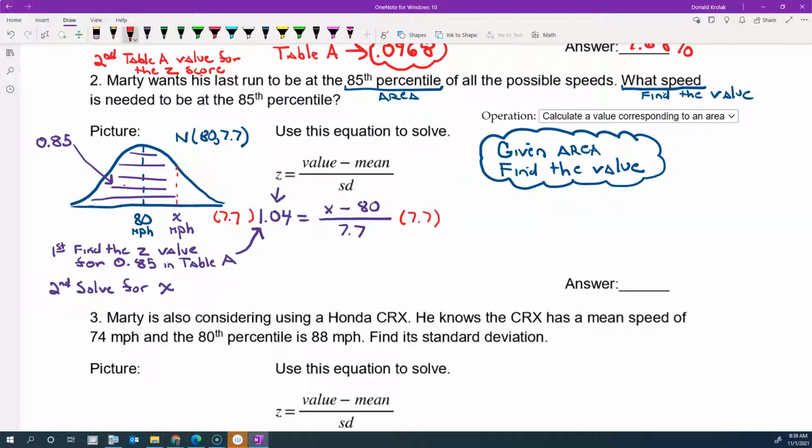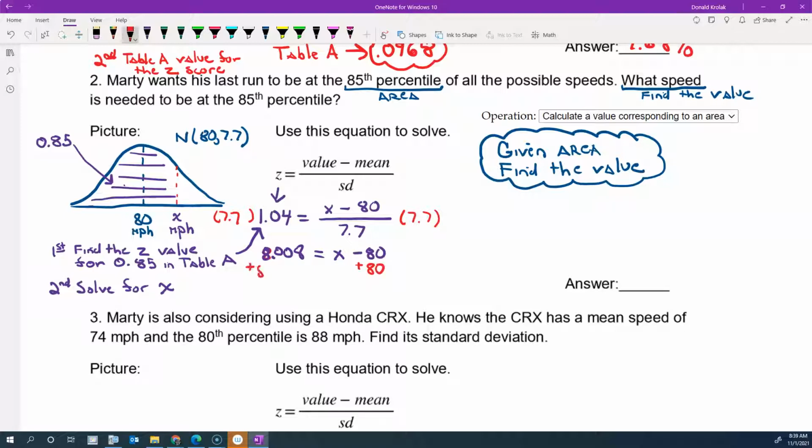Okay, and let's see. 7.7 times 1.04. This is 8.008 equals x minus 80, and then I add 80 to each side.